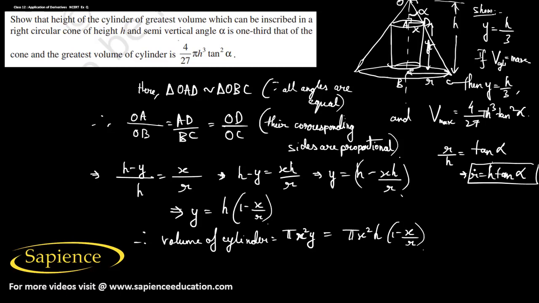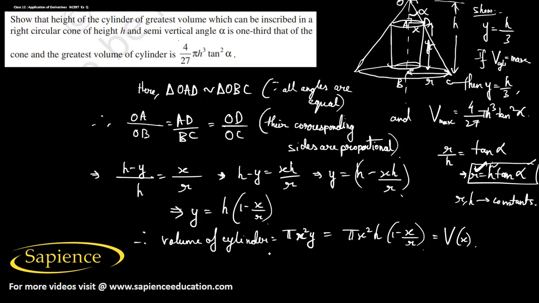Here r is also a constant, since it depends on some fixed values only. So r and h both are constants. This volume of the cylinder we can call some function v of x. We have to find the greatest volume.